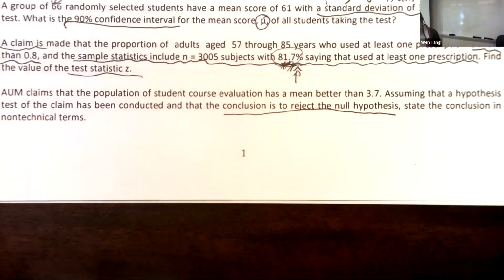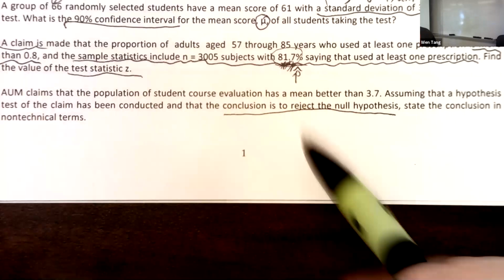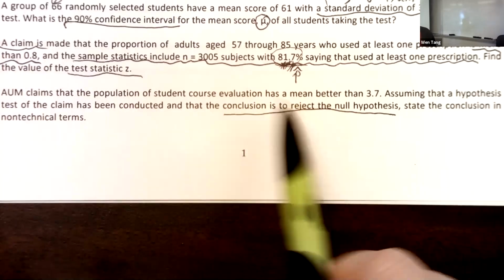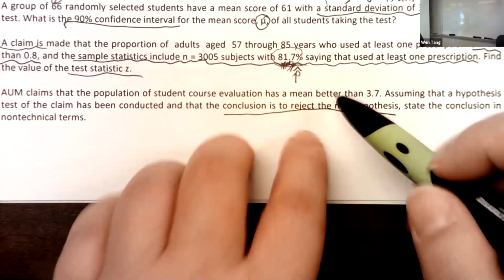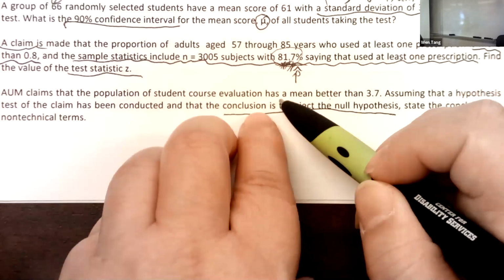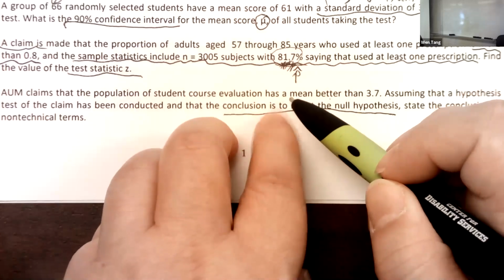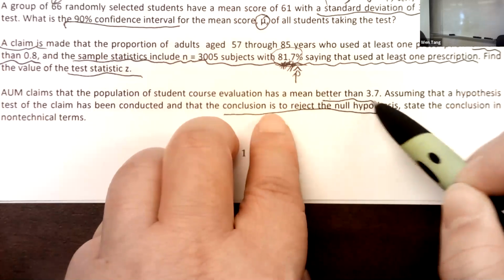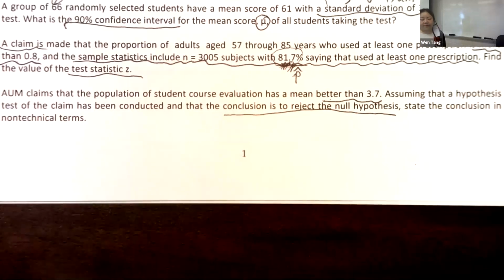Okay, so we have a claim: the mean evaluation is better than 3.7. So the evaluation has a mean better than 3.7. This is the claim about the mean value, which means this test is about the mean value, right?